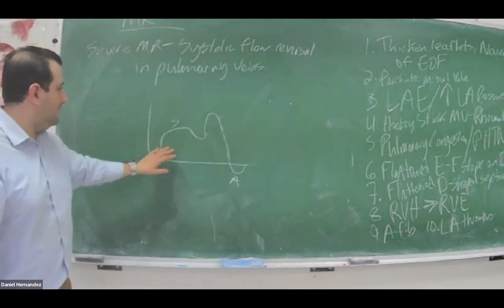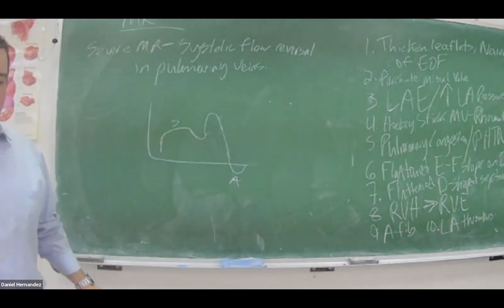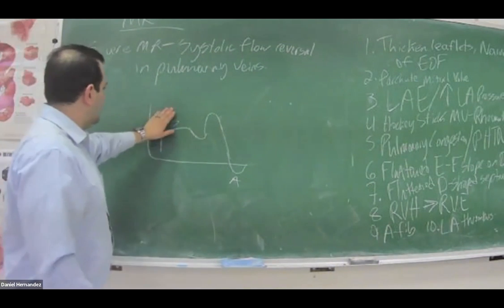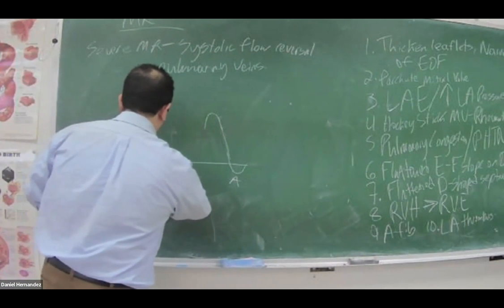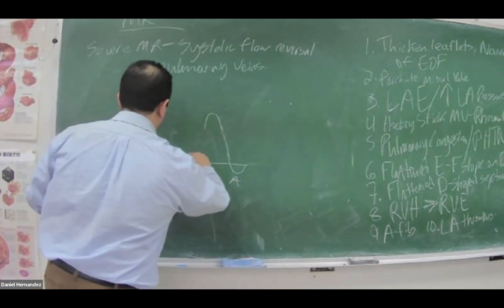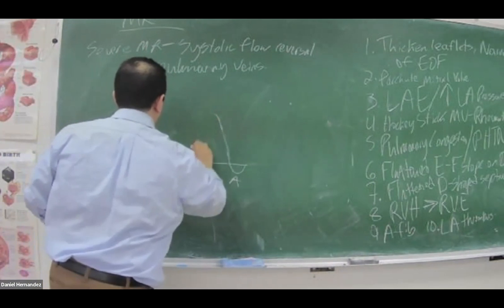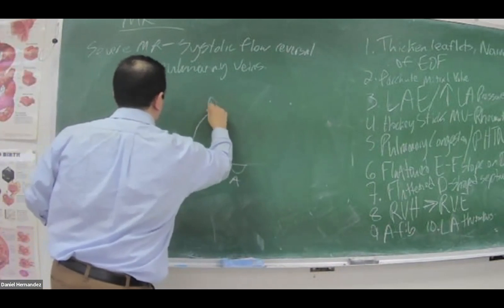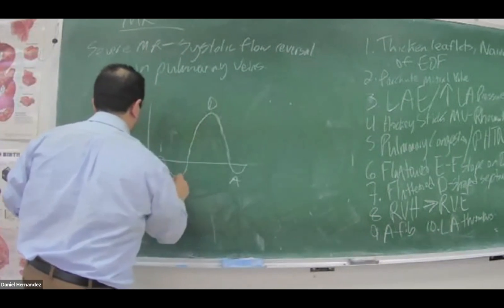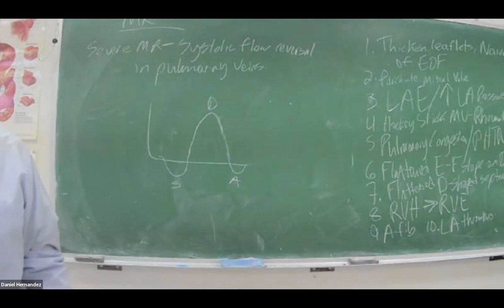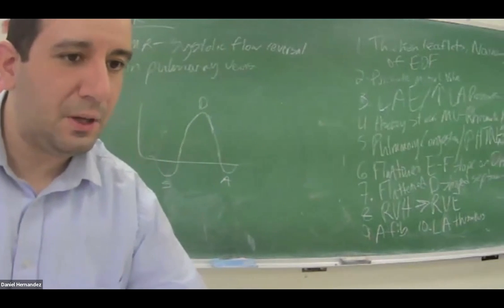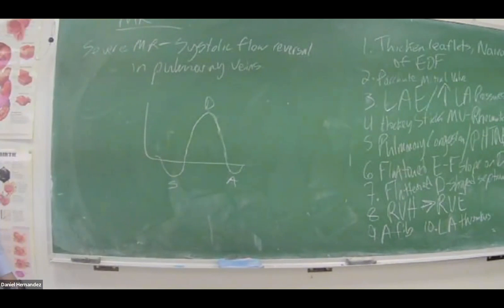That'd be someone that had mild to moderate mitral regurge. But when there's severe regurge, we actually wind up with, like I said, flow reversal, so below the baseline during systole, and then the majority of our pulmonary venous flow entering the left atria during diastole.